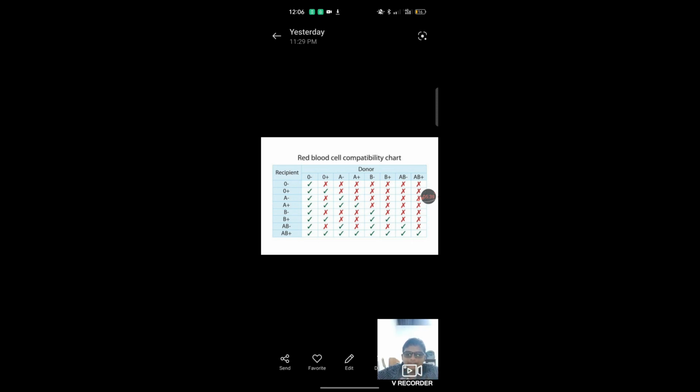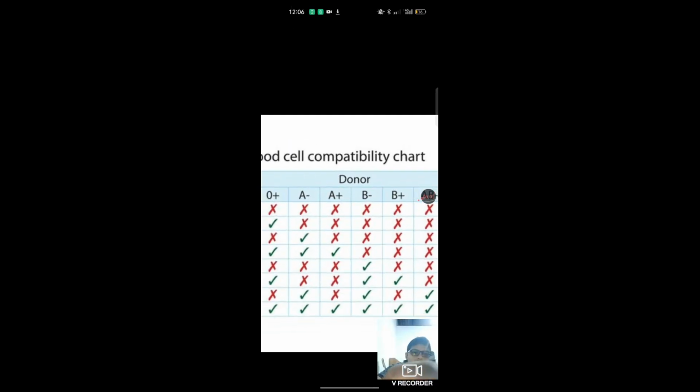In blood transfusion, a person gives blood to another person. When a person gives blood to another person, that person is known as the donor. You can see that word here.